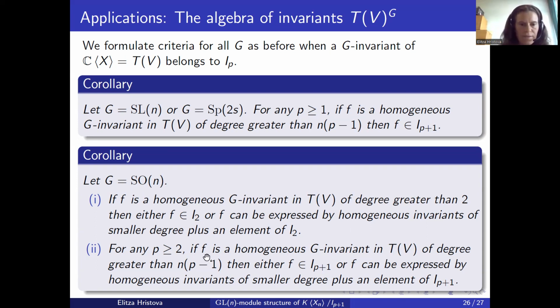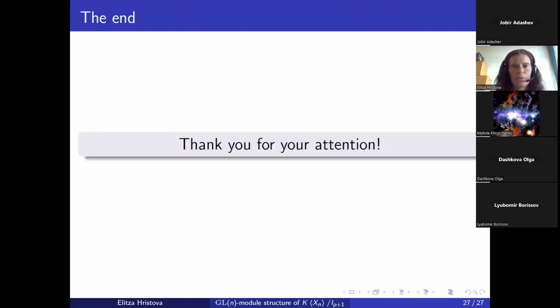And if F is a homogeneous invariant of degree greater than n times (p minus 1), then either F is an element of I_{p+1}, or up to an element of I_{p+1}, F can be expressed by homogeneous invariants of smaller degree. Okay, that was all I wanted to say.